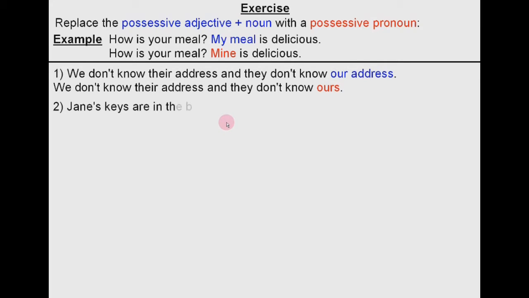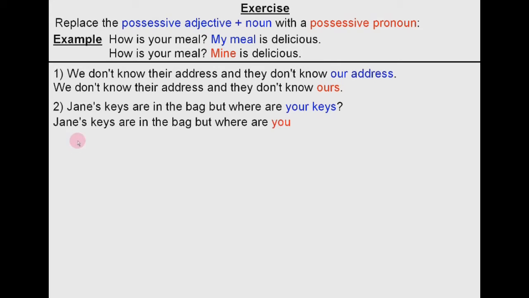Question 2. The answer is, Jane's keys are in the bag, but where are yours? Question 3.